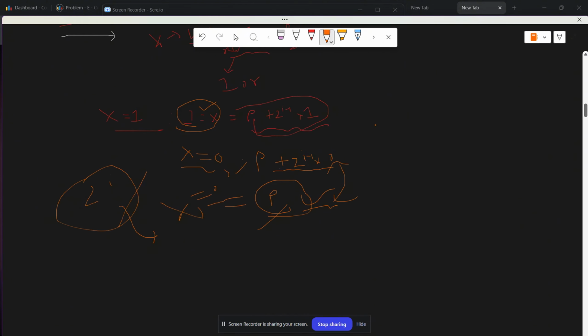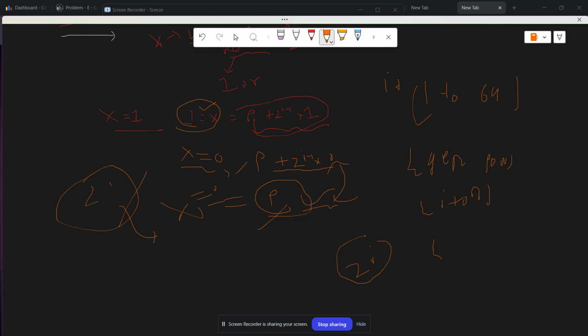We can simply loop from 1 to 64 and generate powers of 2, and then loop from 1 to n in the array and find such 2 raised to I where I is the first different bit, the first unique bit, that is different in at least one element.